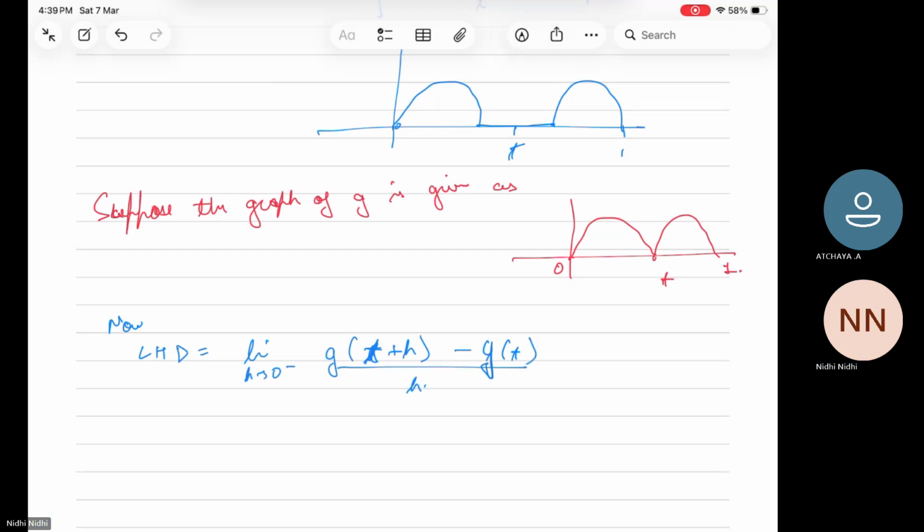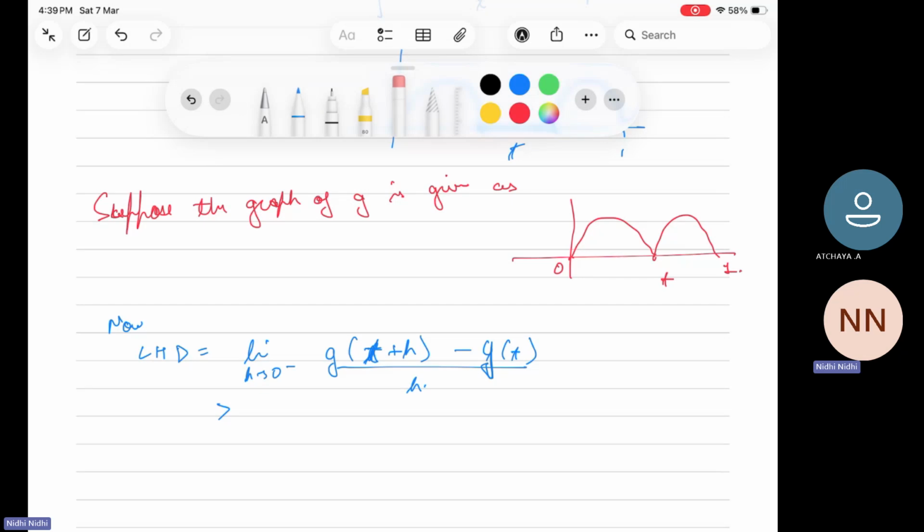So this g(t+h), since h is coming from the negative side, is something strictly positive, and g(t) is 0. So this is strictly greater than, or in fact, no, I cannot say strictly greater because h is negative.